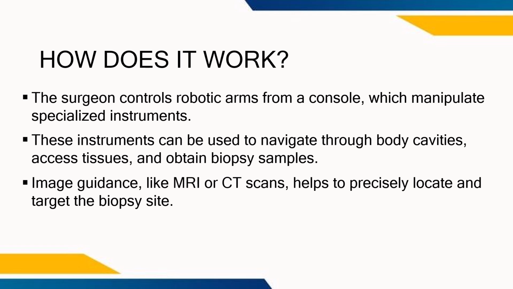In the previous topic of RAS, we talked about the robotic console, and here the procedure is the same at first. The robotic console is there, from where the surgeon manipulates the instruments that are inserted, sees through body cavities, assesses the tissues, and obtains the biopsy samples by locating, targeting, and then the intervention is done.